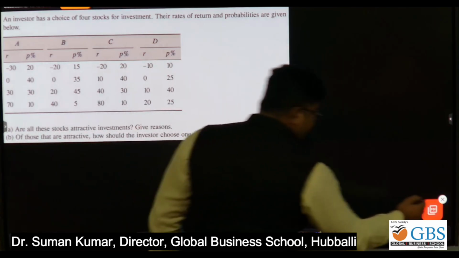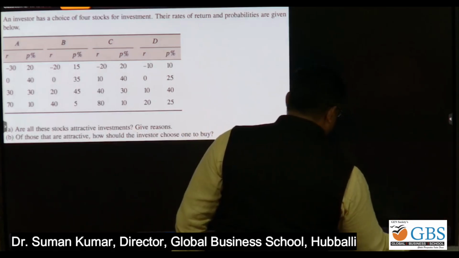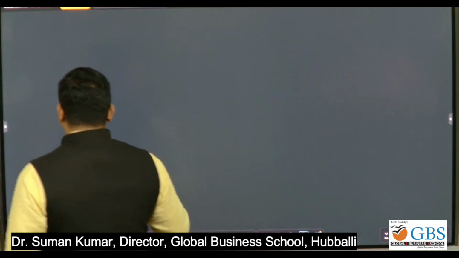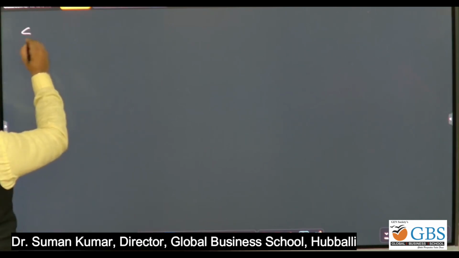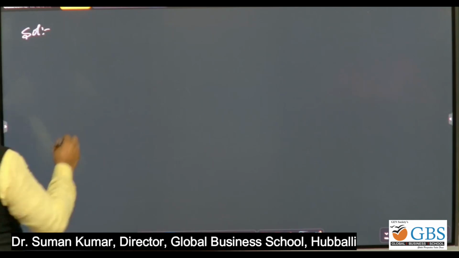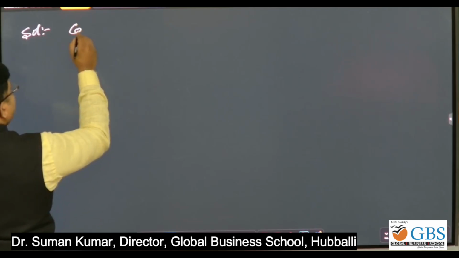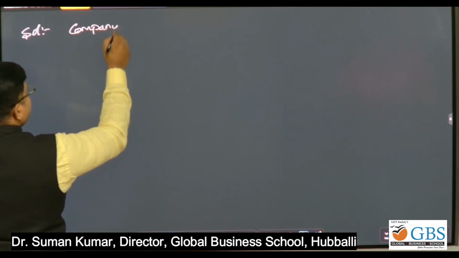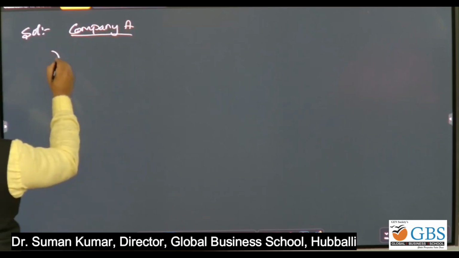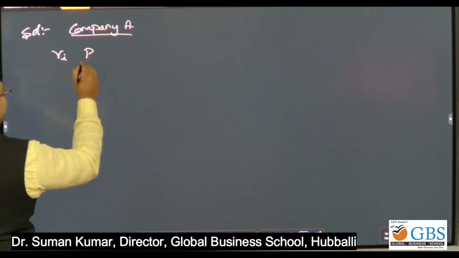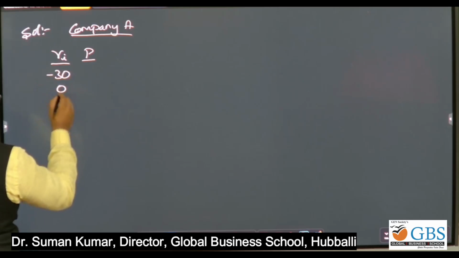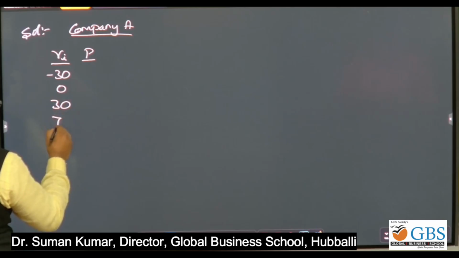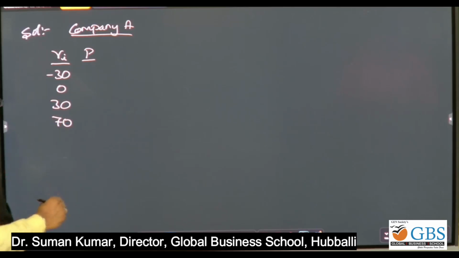I'll take up the next page, and students kindly help me out to write the data solution for the previous problem which I displayed, that is company A. So written they are given Ri, that is P, minus 30, 0, 30, 70, correct?